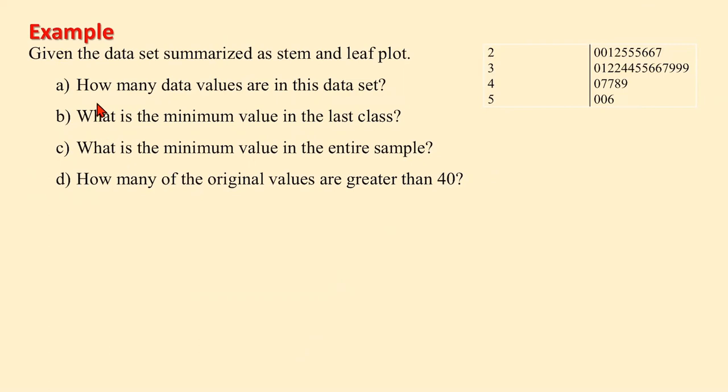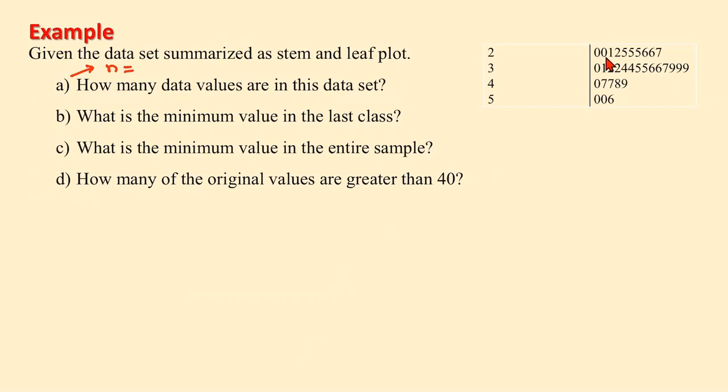Okay, now the question is how many data values are in the set? So if you want to know how many data values are here, for example, for part A, the total number of observations will be equal to how many data values?